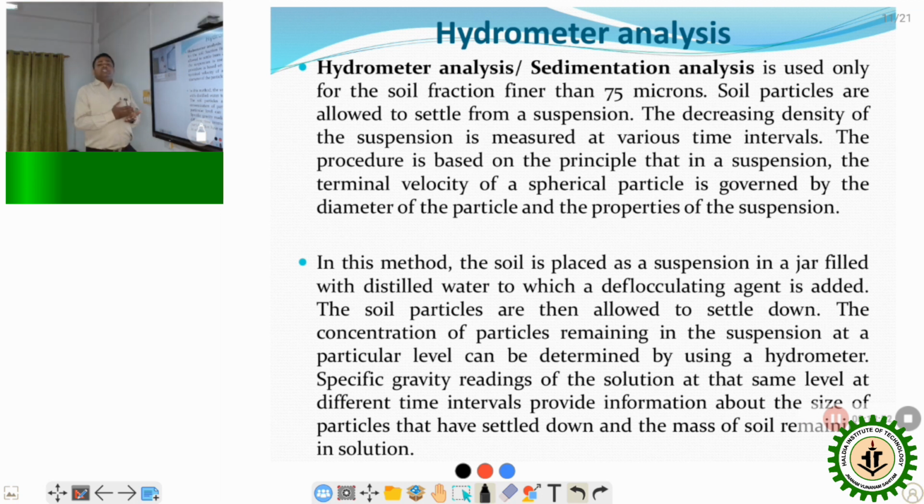In this soil suspension, we have to use a dispersing agent named sodium hexametaphosphate, which will be dissolved in water, and by adding more water we have to prepare a soil suspension of 1000 ml, or 1 liter.